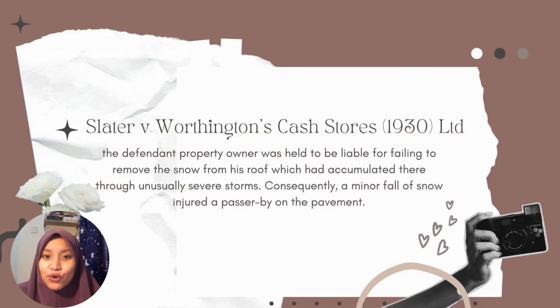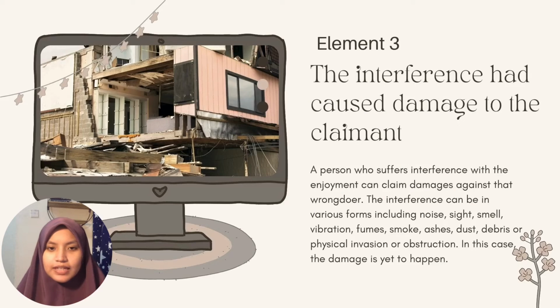This case showed that the interference was unreasonable because the defendant did nothing to abate the foreseeable danger which had caused injury to others. To be actionable, the interference with the enjoyment of land must be substantial. In this case, the defendant's failure to remove the snow that had caused the injury to the plaintiff was unreasonable. The last element of nuisance is that the interference had caused damage to the claimant.